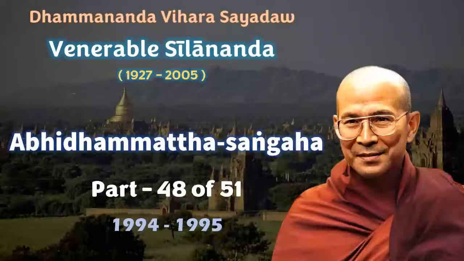Formations of merit mean chetana concomitant with kusala chetas. Ignorance is akusala, so akusala and kusala cannot arise together. So there is no sahajata and so on. Now how can ignorance be a conditioning factor for formations of merit or kusala chetana?